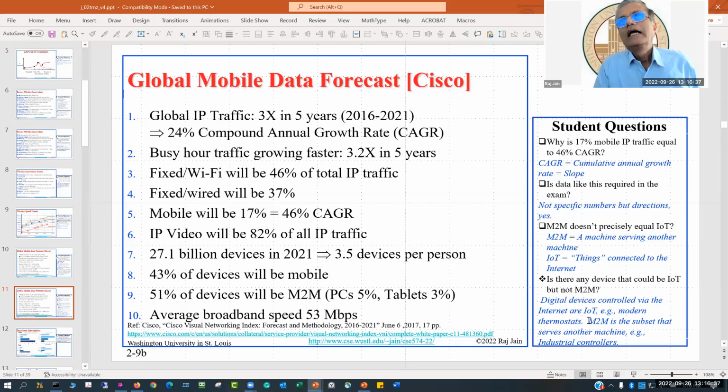Okay, and M2M is the subset that serves another machine and you don't even see it. M2M is the subset that serves another machine, e.g. industrial controllers. So the industrial controller might be connected to another controller or industrial, let's say grinding motor or something, maybe connected to a controller by internet, not by wire, by internet.